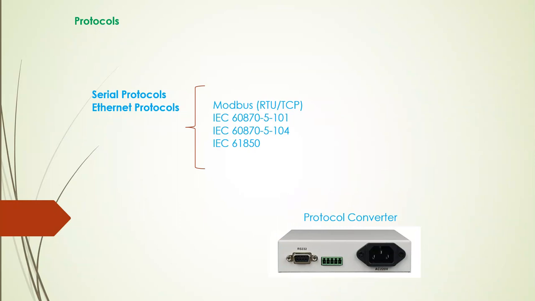It should be noticed that you need to know about the protocol, because we have to use some protocol and standard for data exchange between the field side and control system. There are some popular standards and protocols like Modbus RTU and TCP, IEC 101, IEC 104, and IEC 61850.